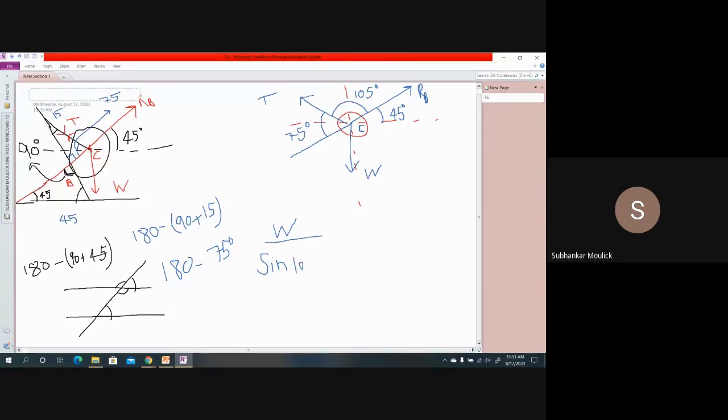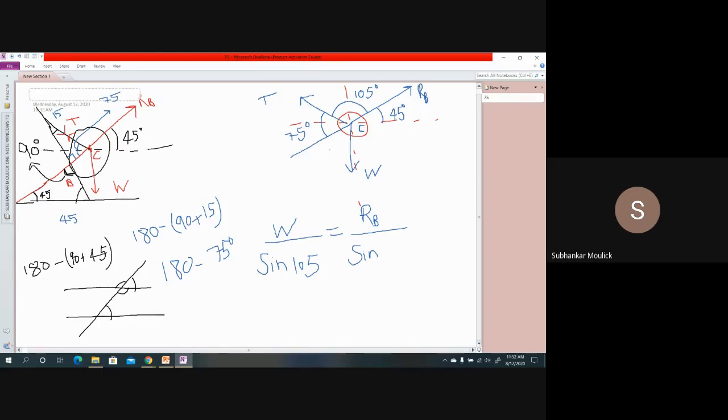So sine of 105 degree equals RB, force RB divided by sine of the angle between the opposite forces. Opposite of RB are forces T and W. So the angle between T and W, can you tell me how much this angle between T and W is?